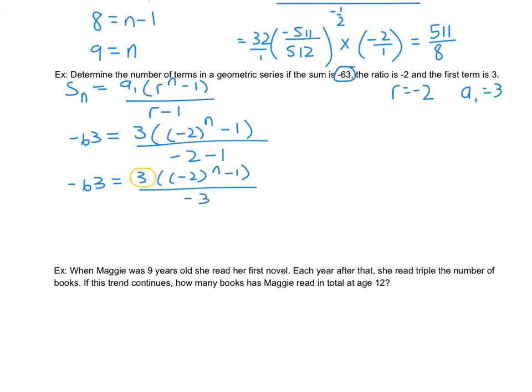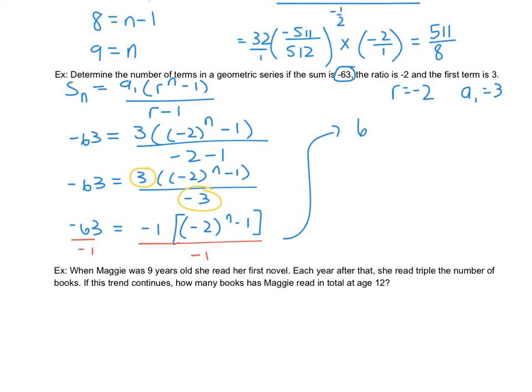And now I can actually simplify the fraction. So 3 over negative 3 is negative 1. So that helps me get rid of the fraction. And now we can divide both sides by negative 1. And that gives us 63. And now we can work inside that bracket.